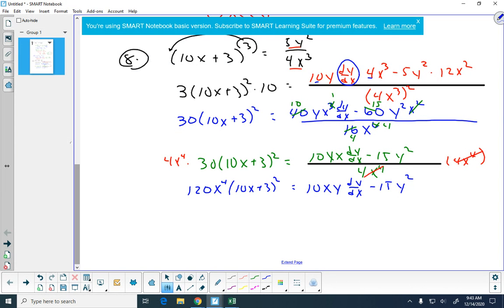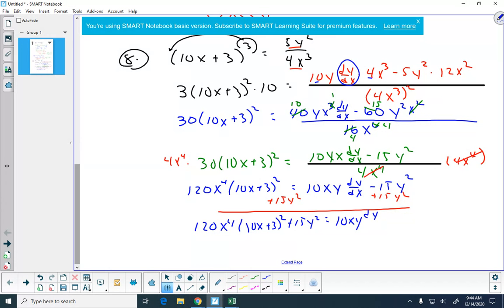So we have 120x to the 4th (10x + 3) squared plus 15y squared is equal to 10xy dy/dx. And the last thing we can do is get rid of that multiplication by 10xy by dividing both sides by 10xy.